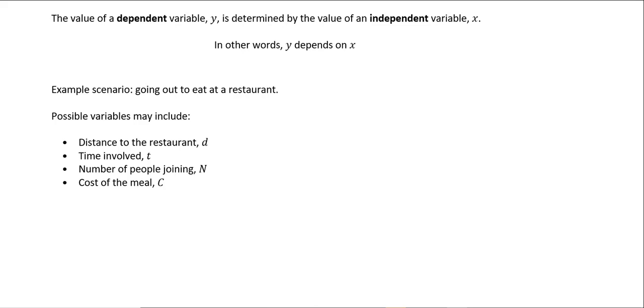So just to make it simple, if the restaurant was a block away from the starting point, the time involved in getting to the restaurant will be much shorter than if the distance to the restaurant was much greater and it required more time to travel there. So we conclude that time, T, depends on distance, D.